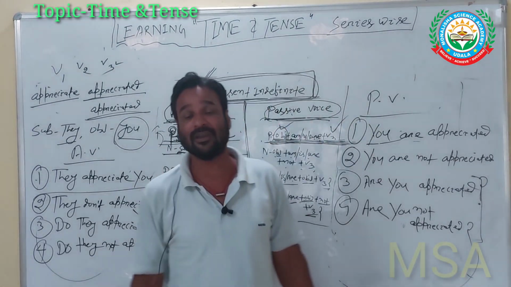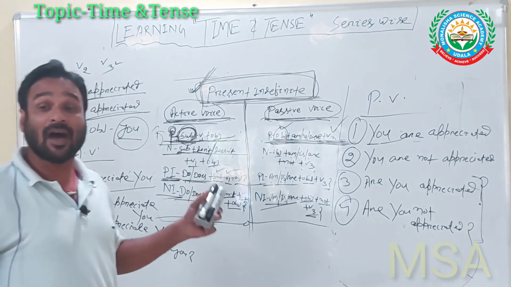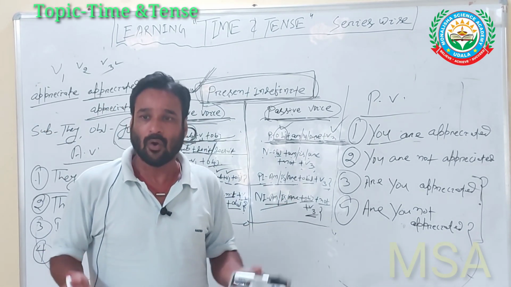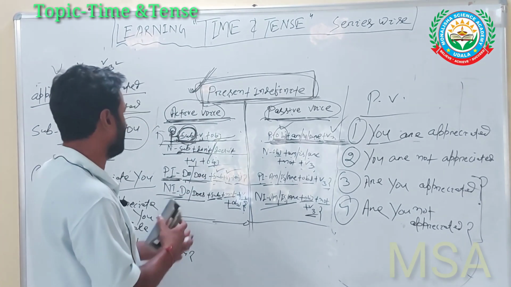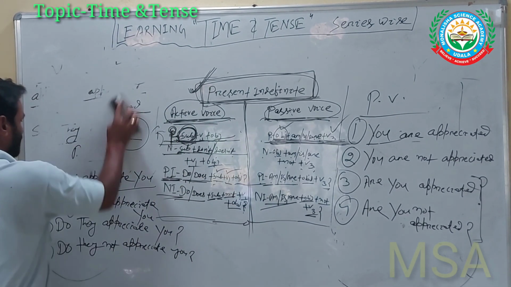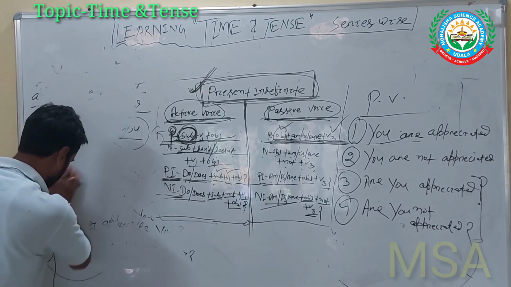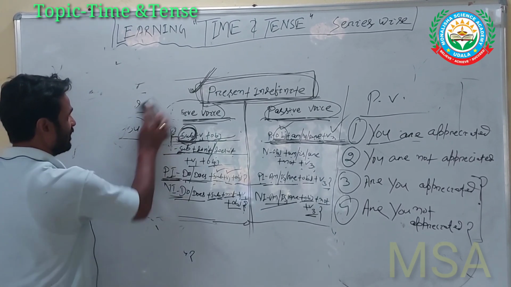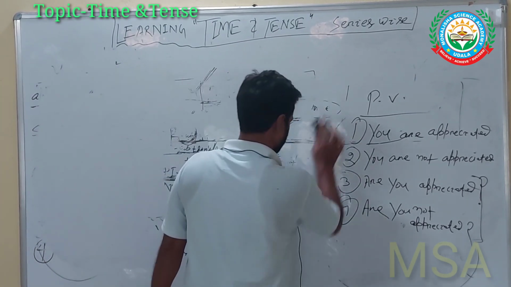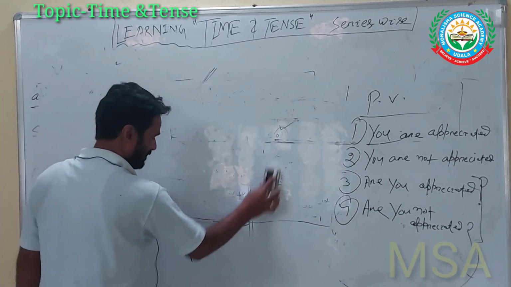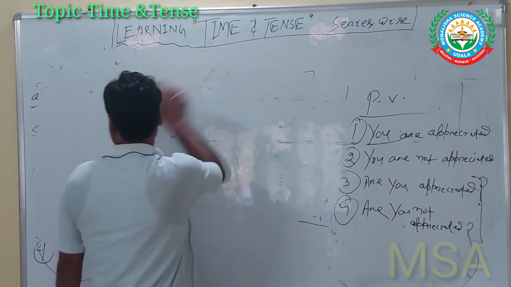Now let us understand what the uses of the present indefinite sentence are. Let me rub these writings out first to give a very clear picture of the uses of this present indefinite tense to you.